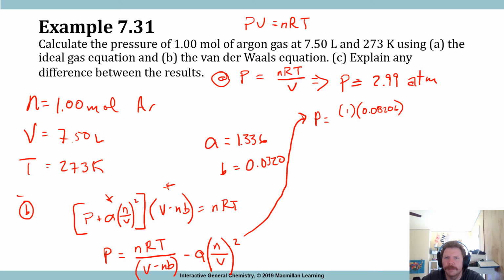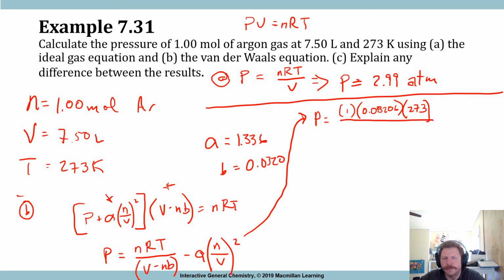Multiply that by my temperature, which is 273. I'm going to draw a line to really separate this. Divide that by my volume, which is 7.50 minus nB, which n is 1, and B is 0.0320, minus A, which is 1.336 times n, which is 1, over my volume, which was 7.50, and I'm going to square that.